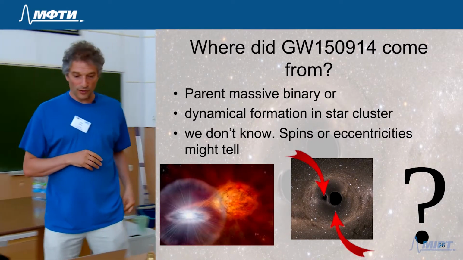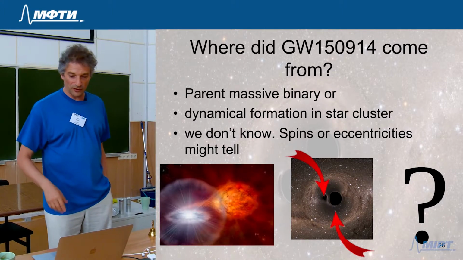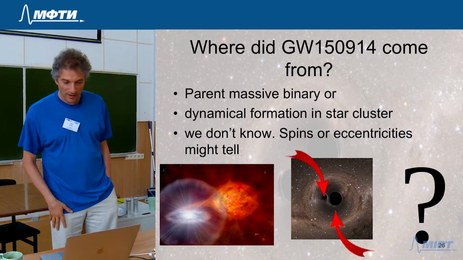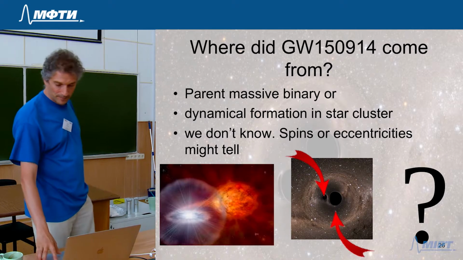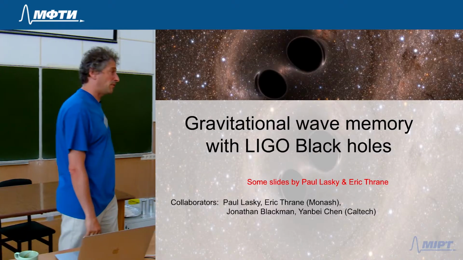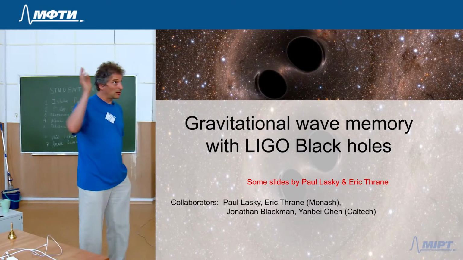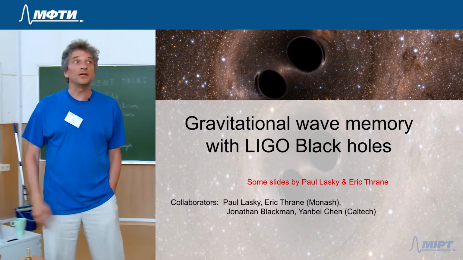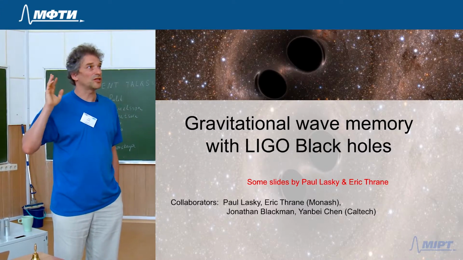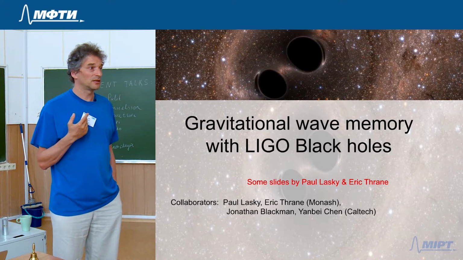Okay, if not, then I want to move to a different topic, which is gravitational wave memory. It's a particular type of relativistic effect which was predicted a long time ago, and for a long time it was thought to be completely unobservable, just a curiosity of general relativity.